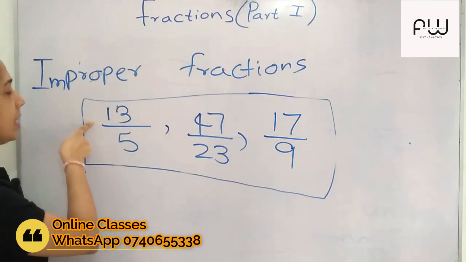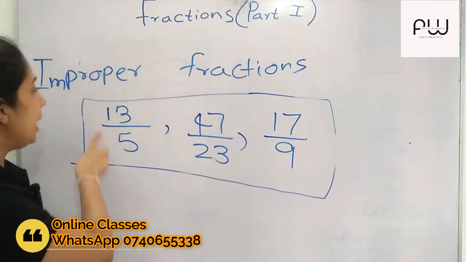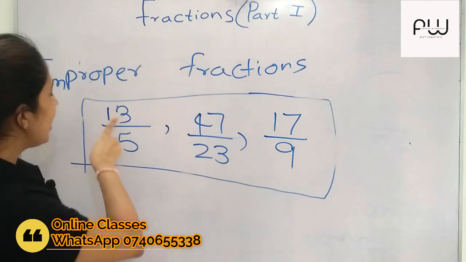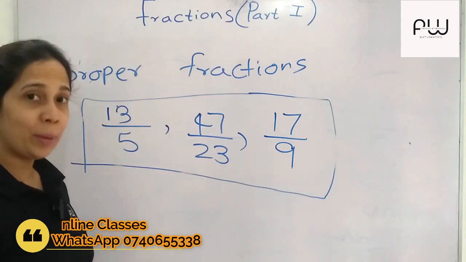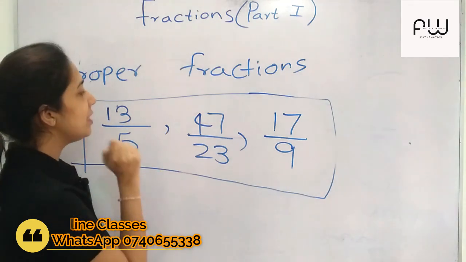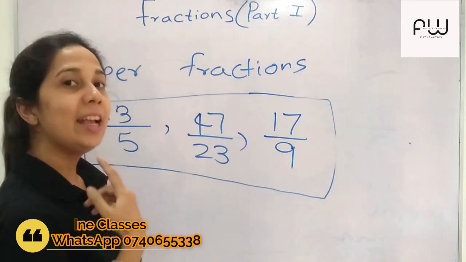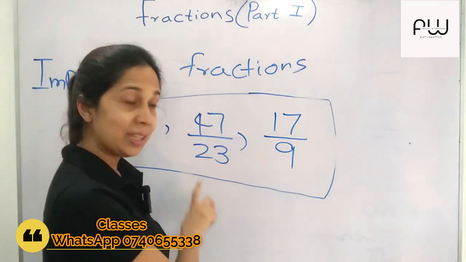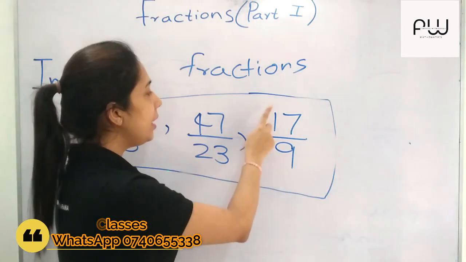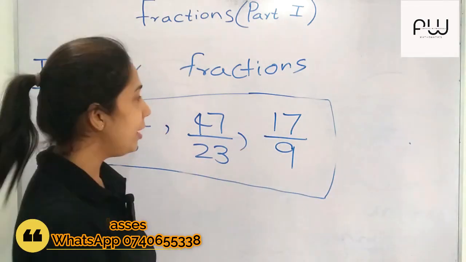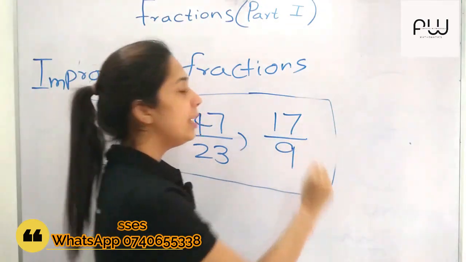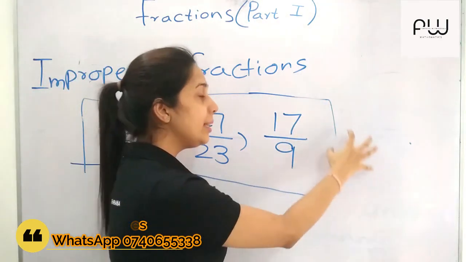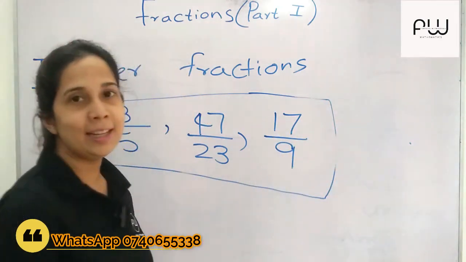Here 13 is greater than 5. It means the numerator is greater than the denominator. And here 47 over 23, the numerator is greater than the denominator here as well. And here 17 over 9, 17 is greater than 9. The numerator is greater than the denominator.